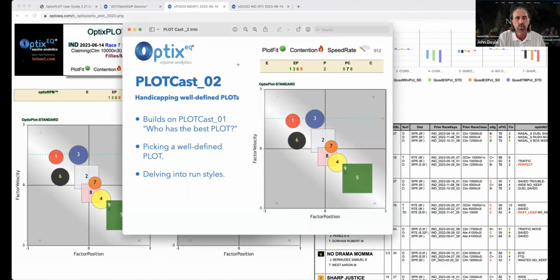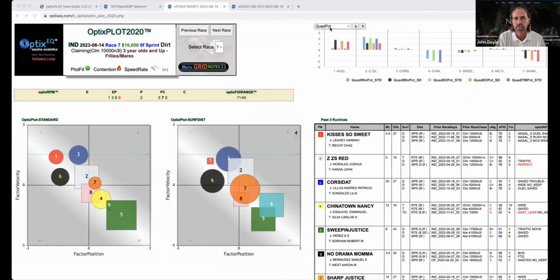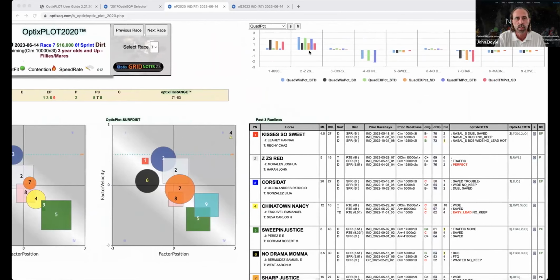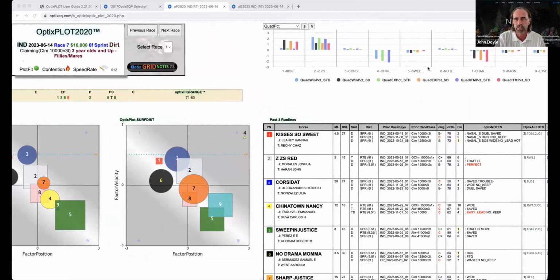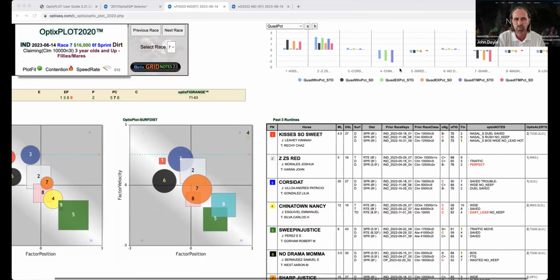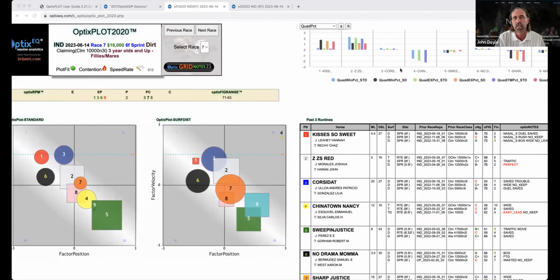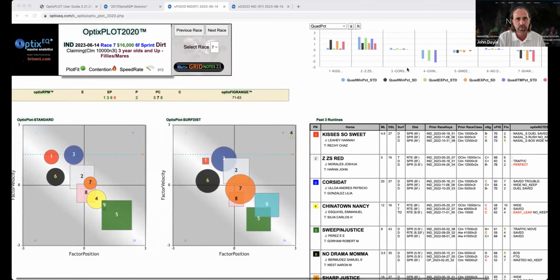So let's look at what we learned yesterday. The first thing we learned was using quad percentage. I'm just going to go through this quickly. Again, refer to PLOTCast 1 if you want more information on this. The 2 and the 1 look very much the best horses from this perspective, and then the 7 and the 4 are horses that you probably want to lean against. But that's only one aspect of it.